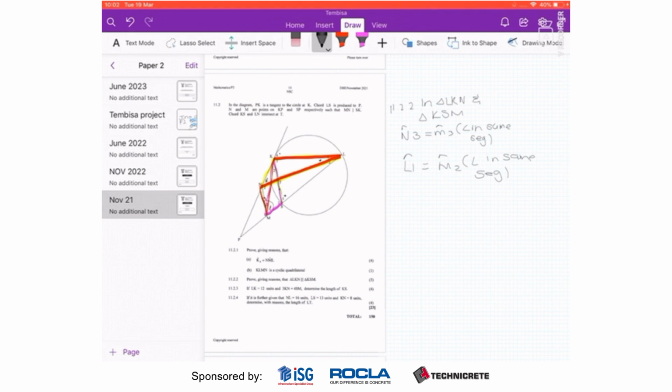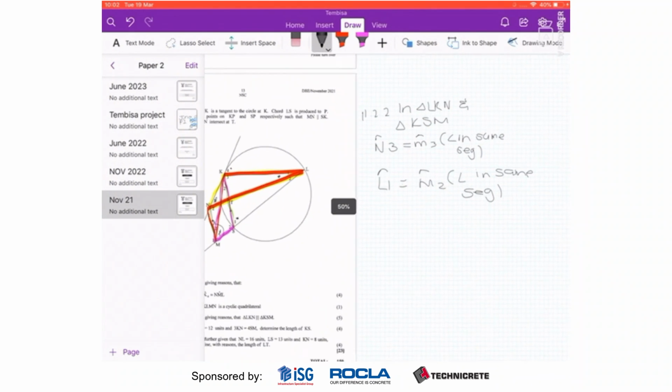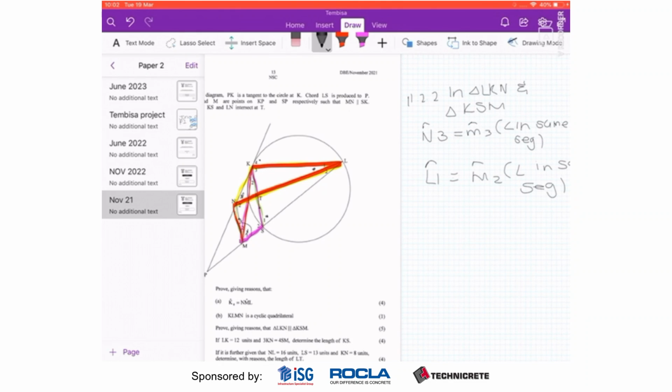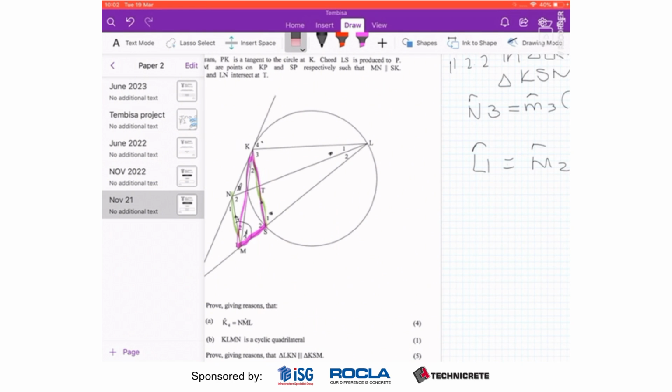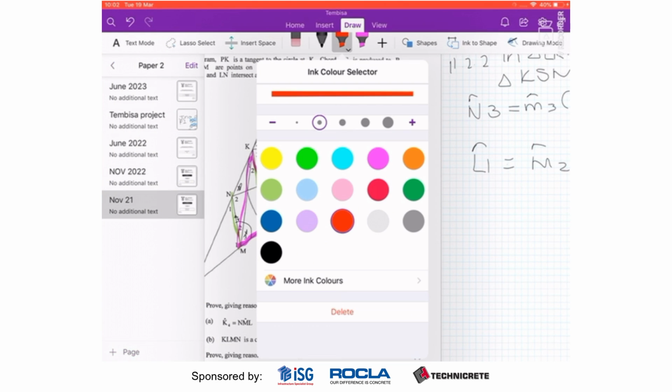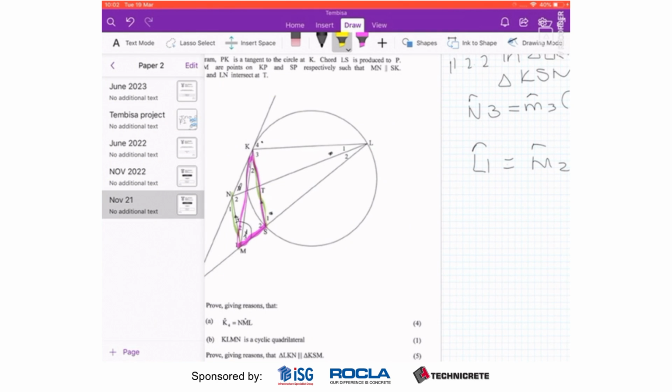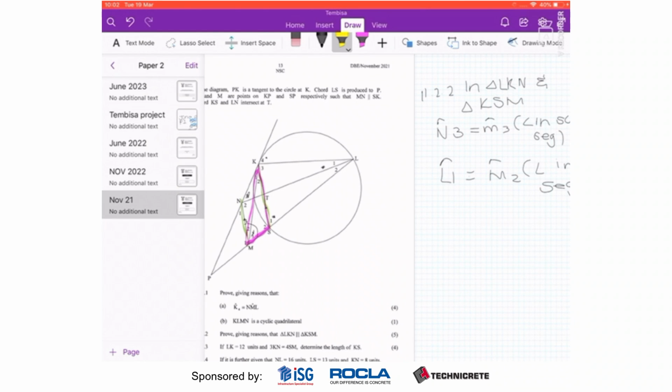So the last angle that we have left in these triangles that we haven't found is going to be NKL, so we didn't prove that.